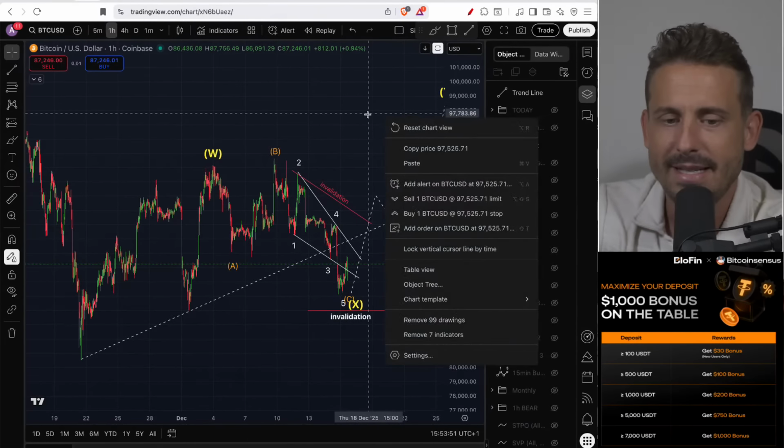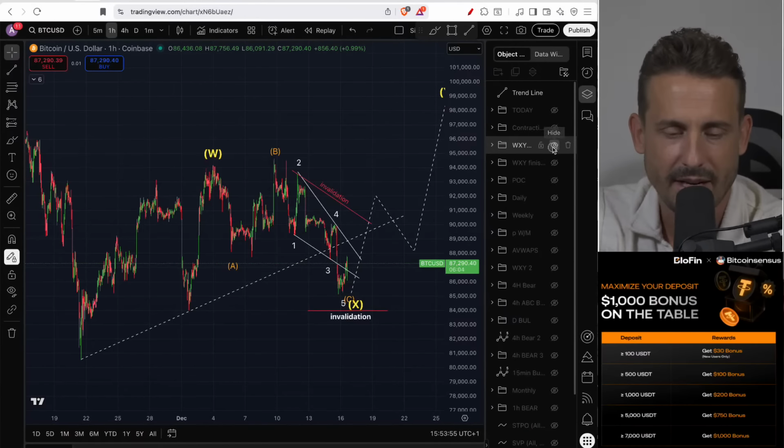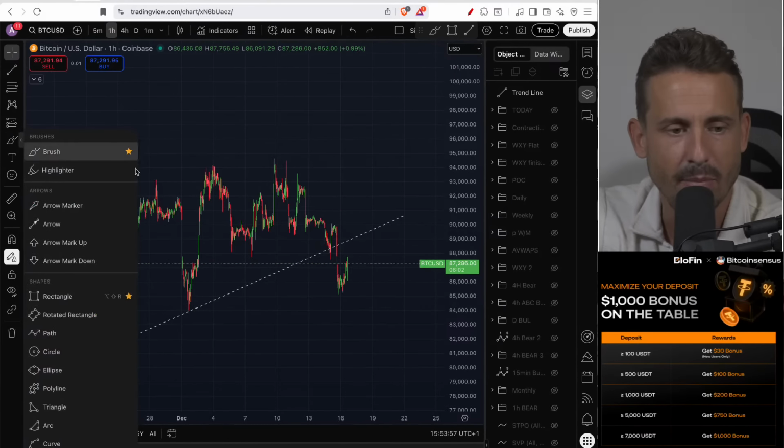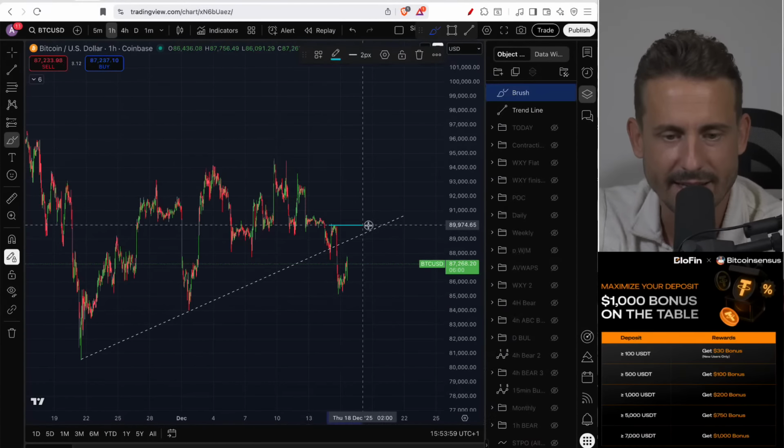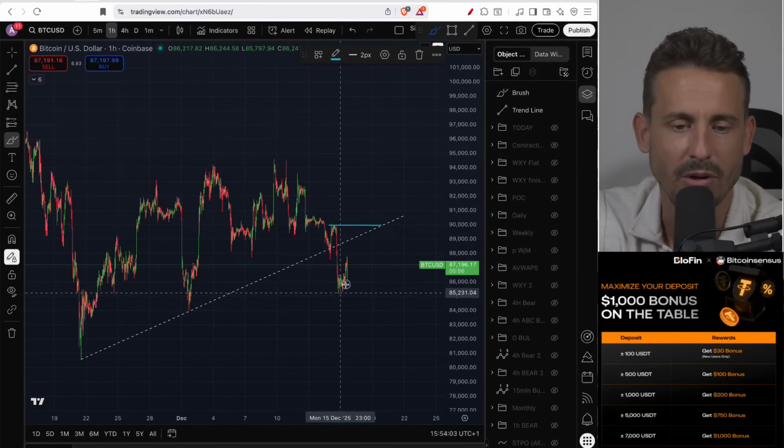A bit optimistic, this scenario, I have to say, but what we would have to see is a solid move to the upside that gets to 90k. That's the moment this will look pretty good.